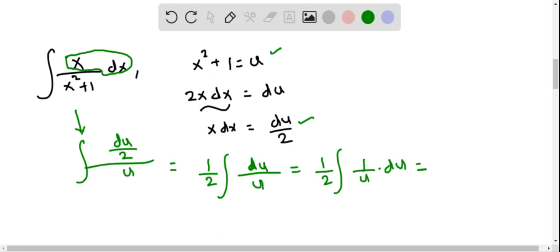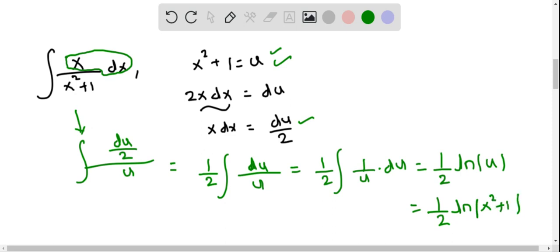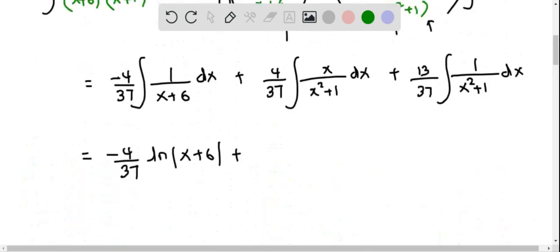The integral of 1 by u is the natural logarithm of the absolute value of u, and then we replace u with x squared plus 1. So we found the integral of this expression equals 1 by 2 times the natural logarithm of the absolute value of x squared plus 1, which I'm going to replace here.